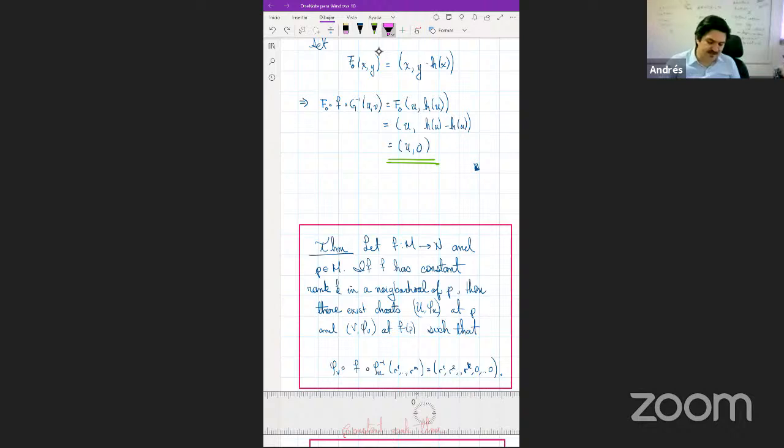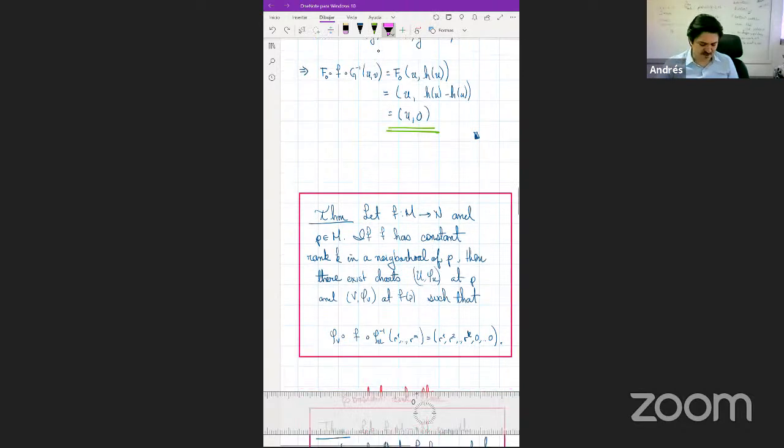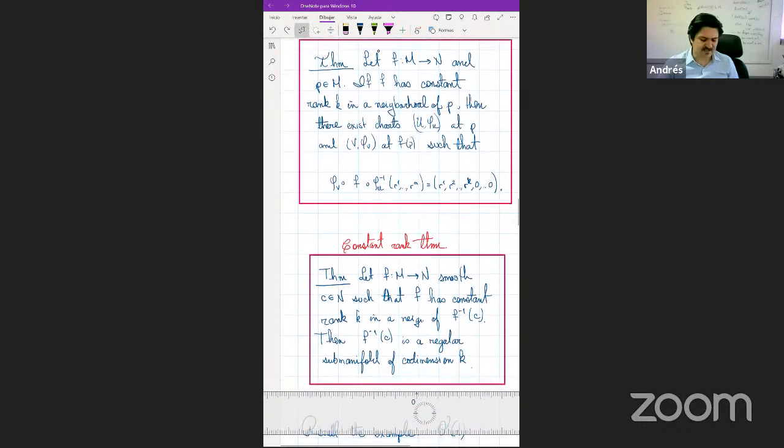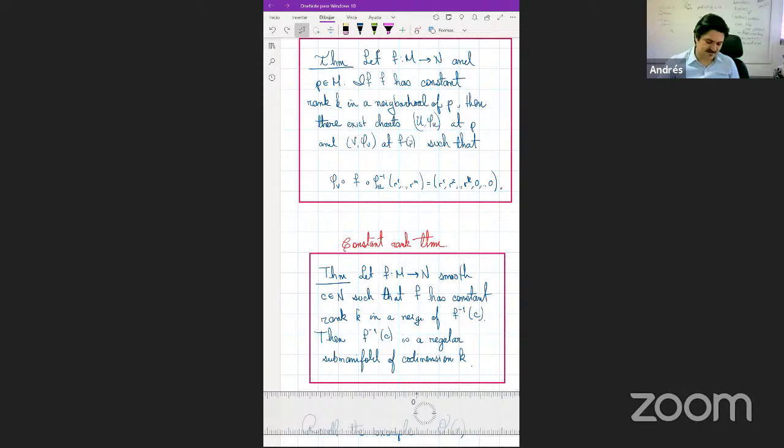Okay, and the whole idea of this theorem, to recall what actually drove us to consider those results, is this statement. The whole idea is to try to understand when the pre-image of a point is a submanifold or a regular submanifold. First, we saw the case that the pre-image of a regular point will give us a regular submanifold. And this is the other statement.